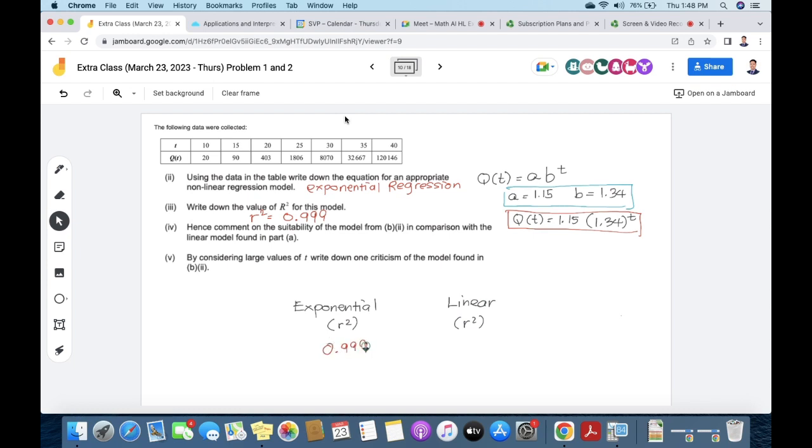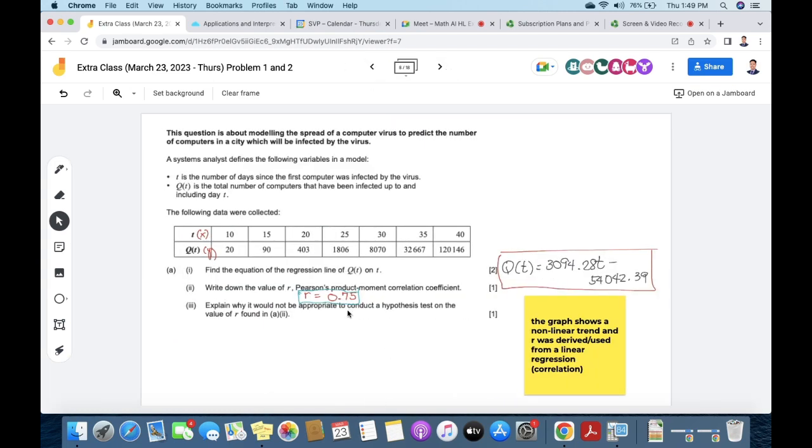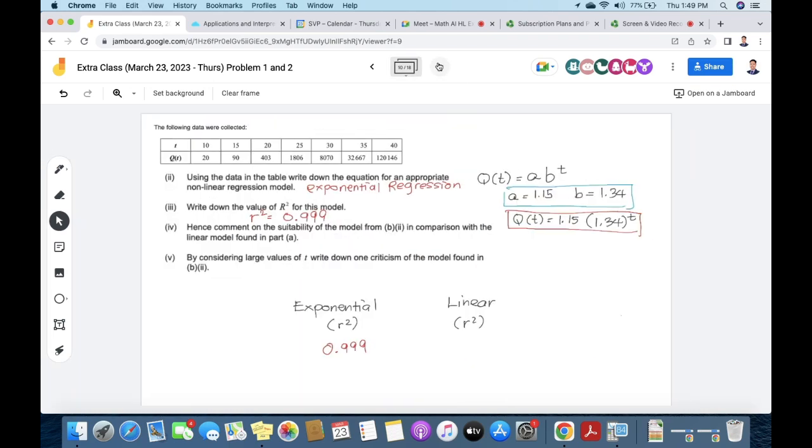For the linear, let's go back. What value of r were we able to get? It's 0.75. If you run linear regression once more, you can get the value directly. You will actually get 0.563. 0.75 squared is actually 0.563.